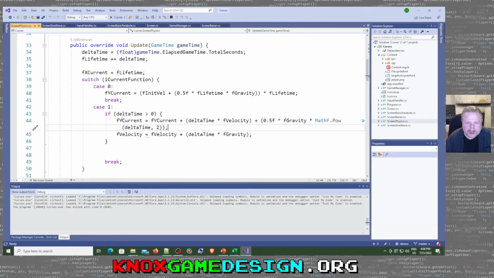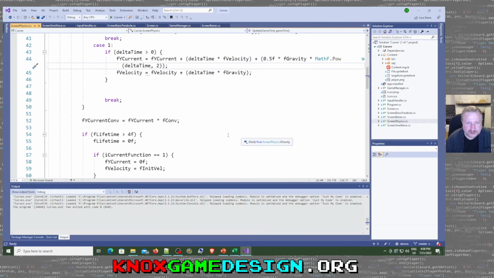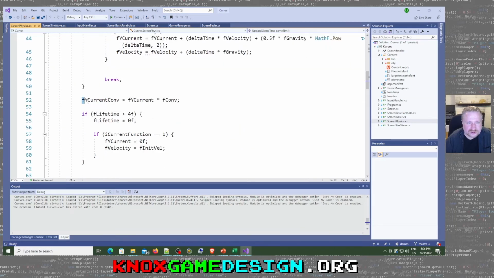Then on every update, aside from just updating the current y value, we're going to update the velocity. So velocity is going to equal the current velocity plus delta time times the acceleration, which is gravity, that negative 9.8. And here we're just multiplying by that conversion factor to max it out at 4.